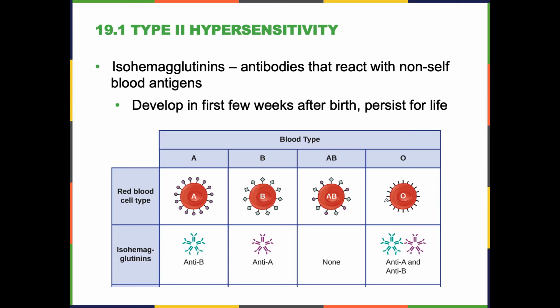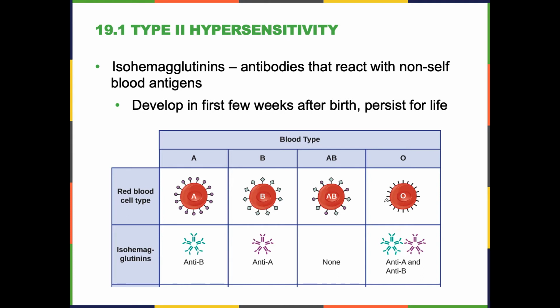These are antibodies that react with non-self blood. The mechanism is complicated, so we're not going to talk about that. Just understand that it happens. In the first few weeks of life, you actually have no antibodies against any of the blood antigens. But after the first few weeks or so, you get them, and then they persist for life.